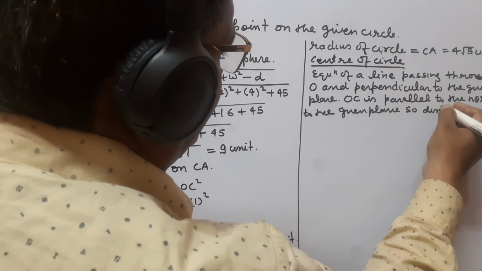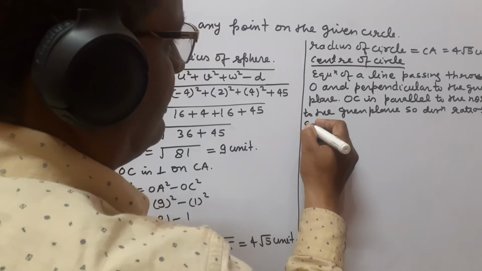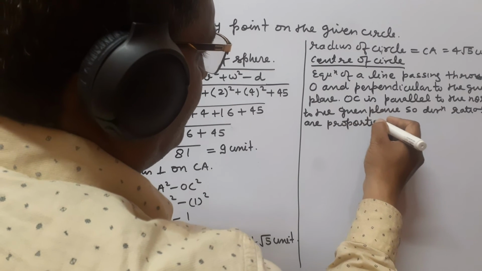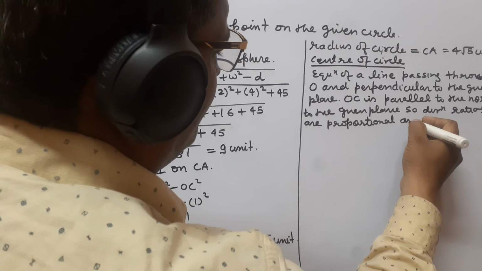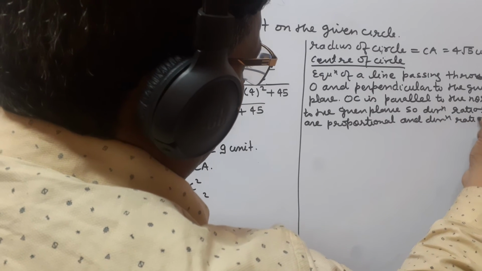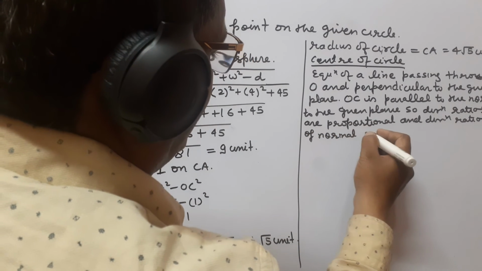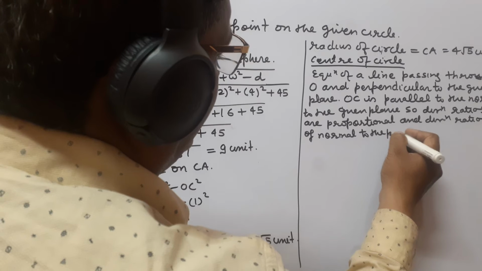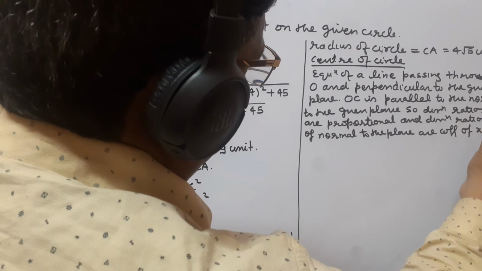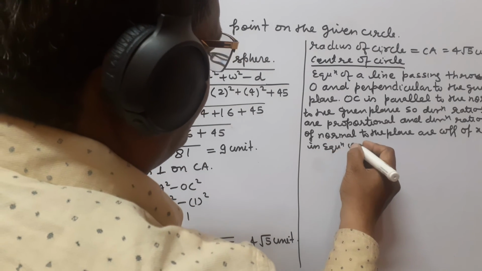So direction ratios are proportional, and direction ratios of the normal to the plane are the coefficients of x, y, z in the equation of the plane.